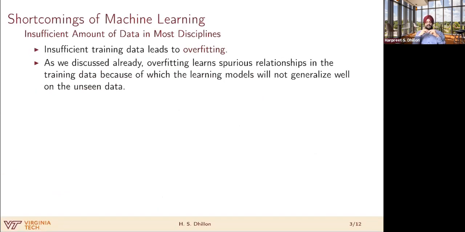So let's quickly discuss a couple of shortcomings of machine learning and see where theory-guided machine learning fits. First of all, as I said before, we have just an insufficient amount of data in most disciplines. And as we discussed in an earlier lecture, if you have insufficient training data, this will lead to overfitting, right? And once you have this overfitting, you're basically learning some spurious relationships from the training data, essentially learning noise, right?